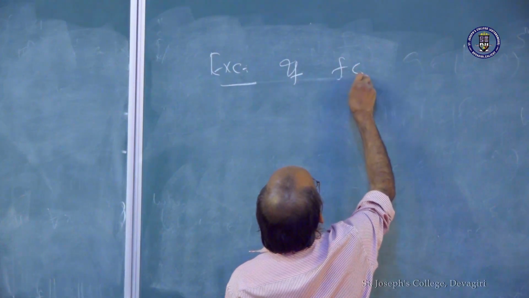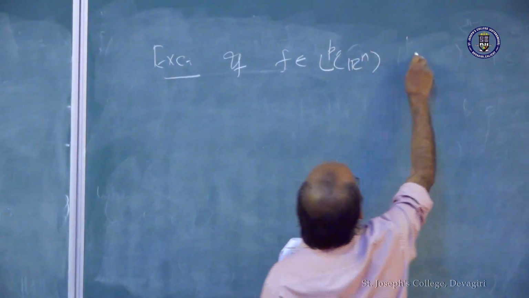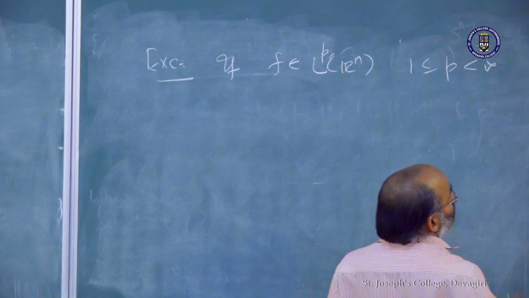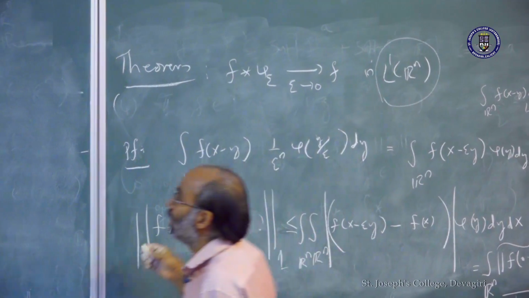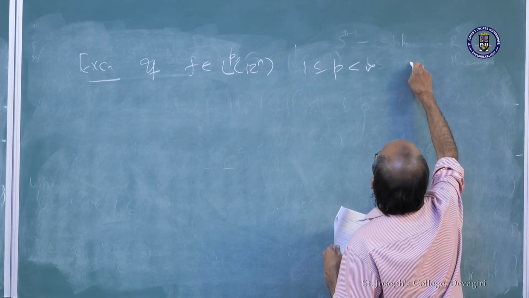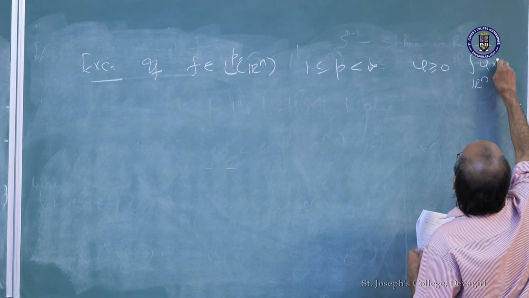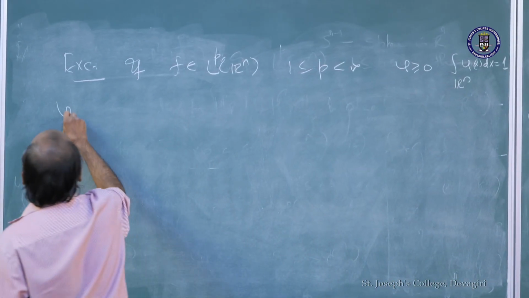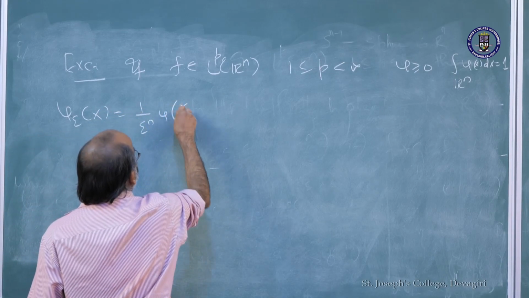So, if f is in L^p of R^n, 1 ≤ p < ∞. Here we proved that everything converges in L1; you can lift it to L^p and phi exactly as before. So, phi was positive, the integral over R^n of phi(x) dx was 1, and we have the dilation phi_epsilon equal to 1 by epsilon to the n phi of x by epsilon.